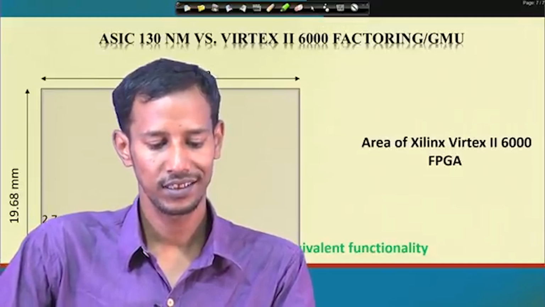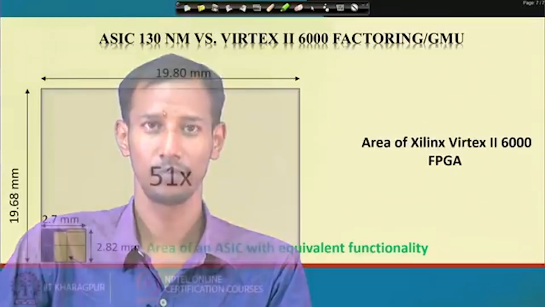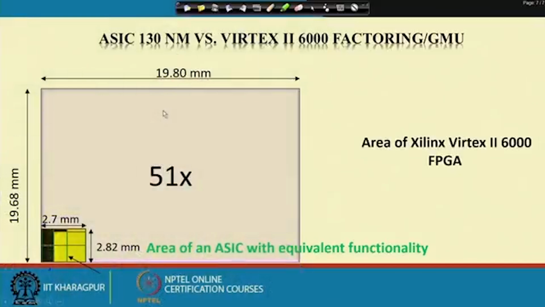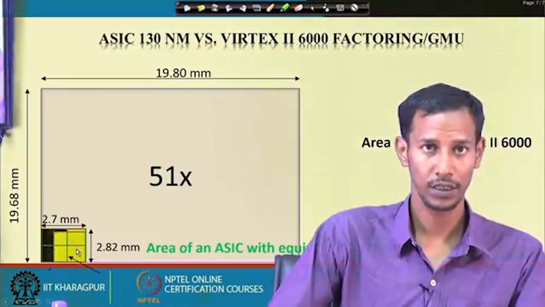Here is one example of the difference between ASIC and FPGA. If you see area wise, this is the area for one Xilinx Virtex-II 6000 series FPGA. So, this much area you require, whereas with equivalent functionality or equivalent gate count, if you follow the ASIC design style, you require only this particular area.